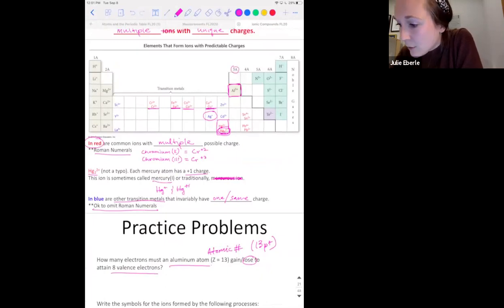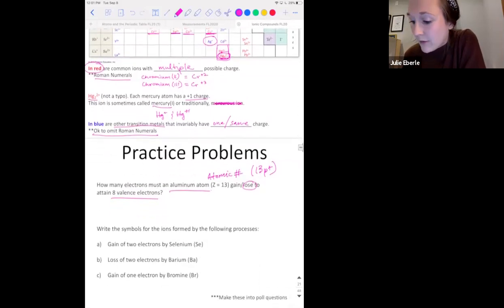That means it has 3 valence electrons. Okay? So if it wants to have 8, it needs to lose all 3. And then underneath it has a full set of 8. So it will lose 3 valence electrons to become stable. And therefore it will form a cation. There's aluminum symbol with a +3 charge.